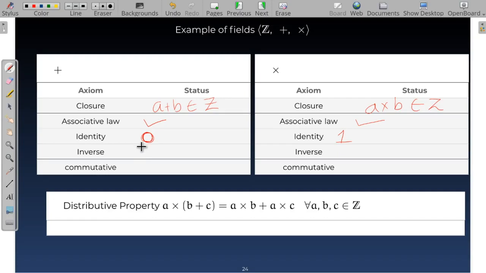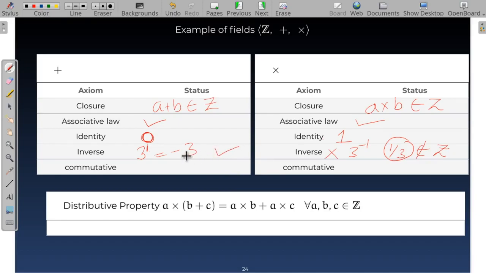For example, if you have the integer 3, then its additive inverse is going to be minus 3. Here the multiplicative inverse of 3 is going to be 1 upon 3. Now 1 upon 3 is not an element of Z. So this is not going to satisfy the inverse property.